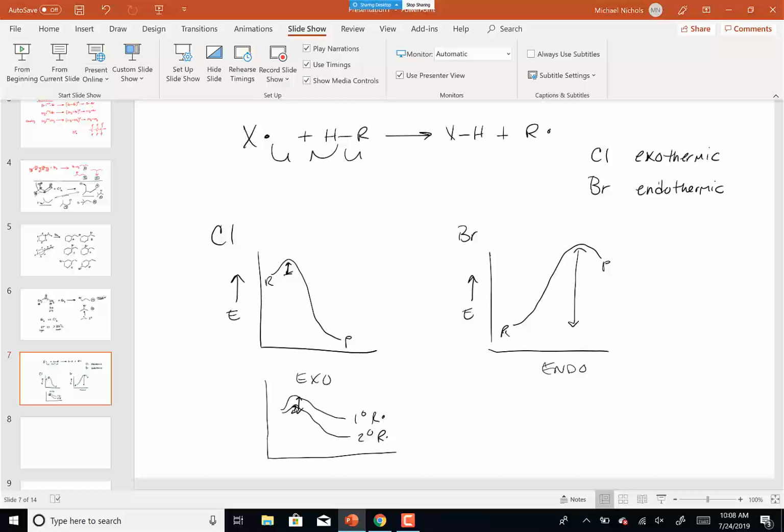How do we translate this activation energy to rate of reaction? Remember, we have rate equals A e to the minus Ea over RT. This is the Arrhenius equation. And in the Arrhenius equation, the lower the activation energy, the faster the rate.